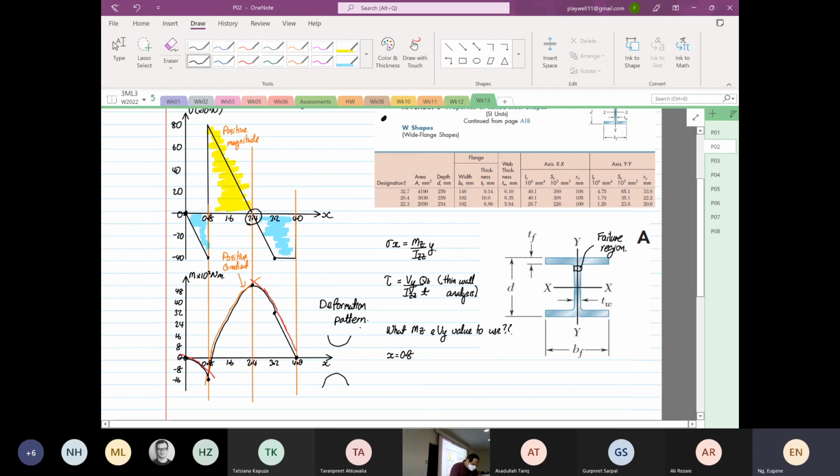Vy is equal to 80 times 10 to the power 3 Newton, which is the highest. That's why we picked that point. But when you look at the moment, it is at minus 16 times 10 to the power 3 Newton meter.